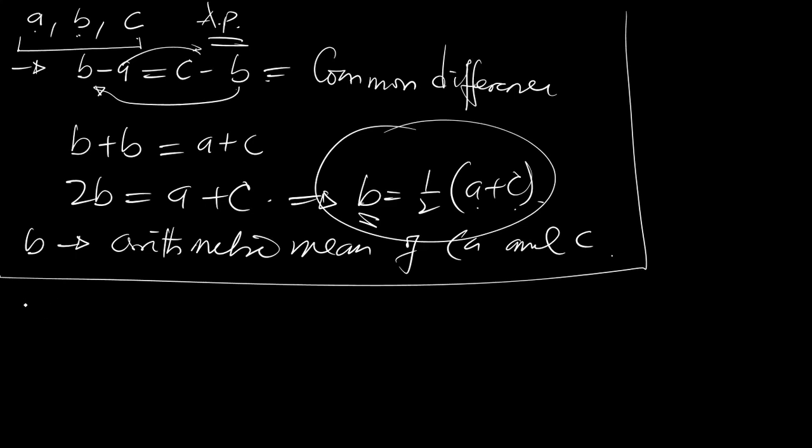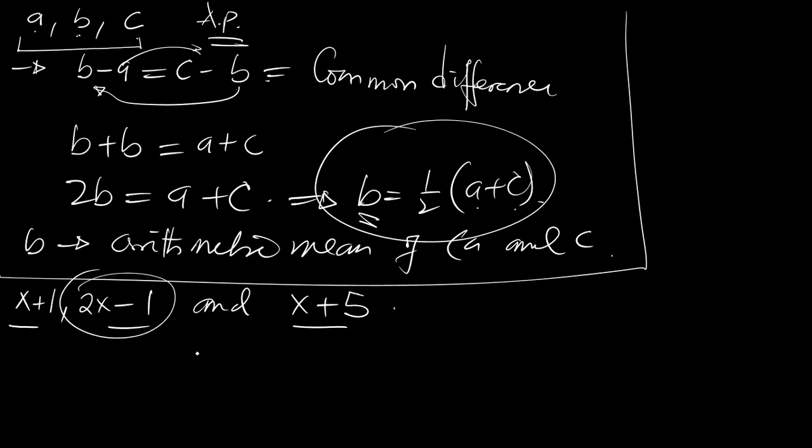Now, we are given that x plus 1, 2x minus 1, and x plus 5 are in arithmetic progression. Since these three terms are in arithmetic progression, the middle one is the arithmetic mean of the other two.